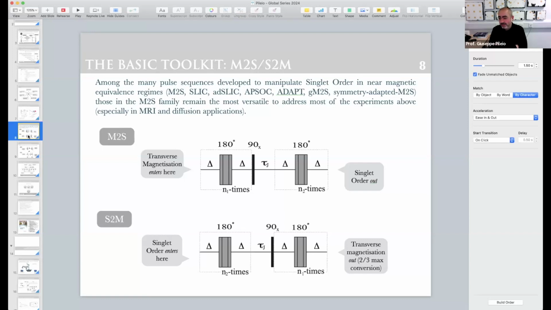I actually don't know the way you prefer to call them, but it's where we use the symmetry to develop sequences where you can make the transformation between magnetization into singlet and vice versa. So literally referring to your own paper.